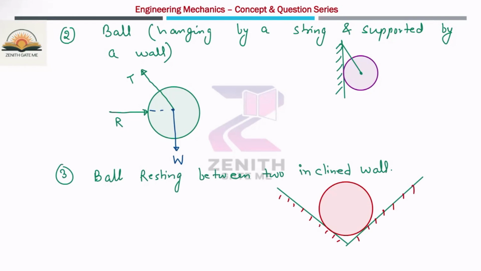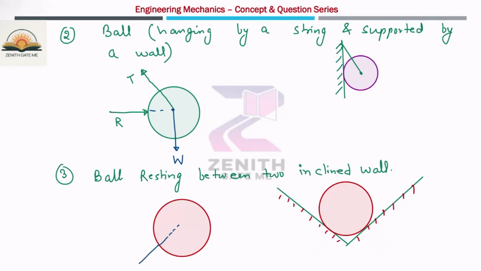Suppose I want to draw the free body diagram of this particular body, which is nothing but the ball. What are the forces acting on this body? First of all, there is a contact between these two points, so there will be a normal reaction here and here also. And one is the weight of this body.